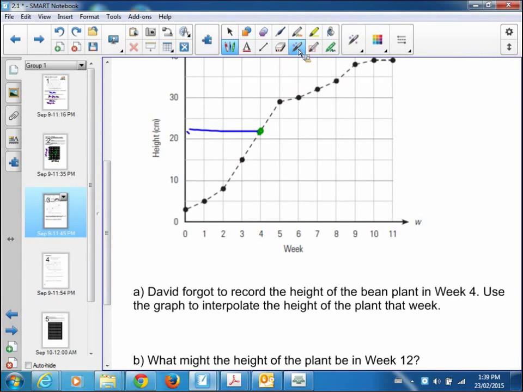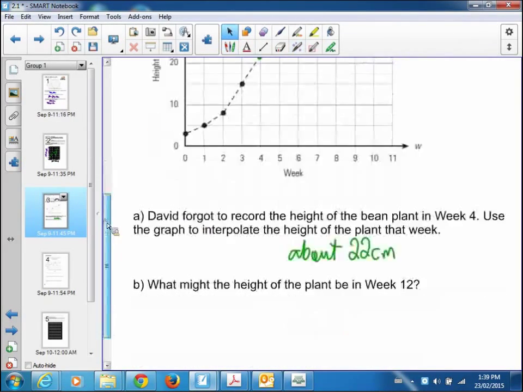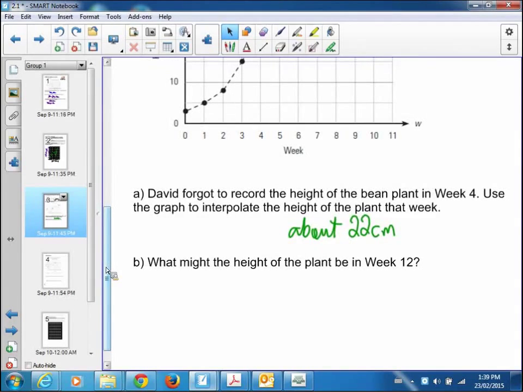So then I read that. Did you guys say about 22? Yeah. 22 centimeters. It's important to put centimeters down. That's different than inches. And then the next question was, what might be the height in week 12?